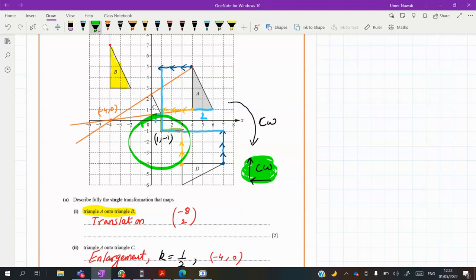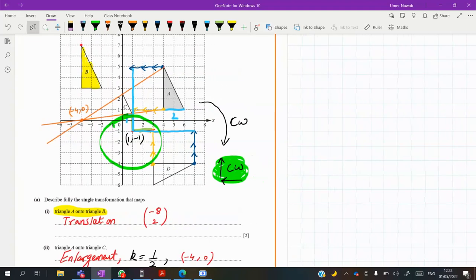But I would prefer, if you use the tracing paper, that you keep trying all the points in this region, because I have shown that it is opposite to clockwise, this area, and you will definitely have one point which is the center of rotation. That is the trial and error method.